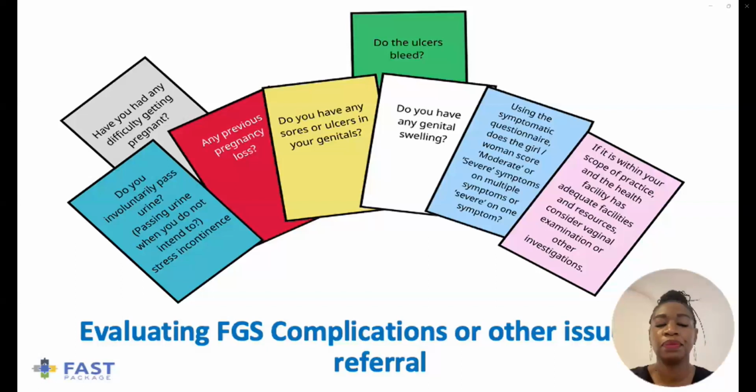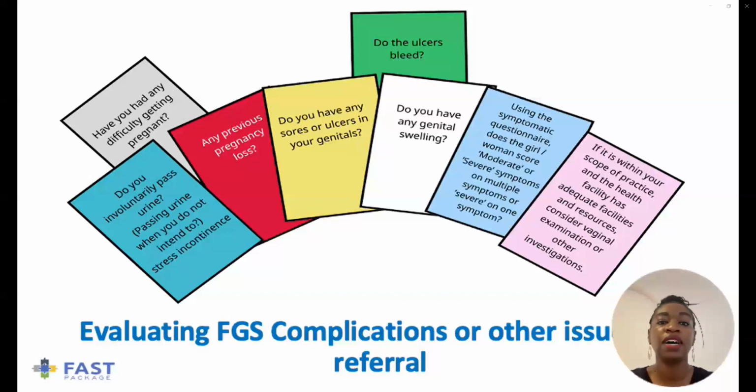Then once you've tied all that together, your environmental risk assessment, your signs and symptoms, your possibility of complication, the next thing is to figure out whether it is within your scope of practice to give the patient what they need, or you need to send the patient to the next level of care.